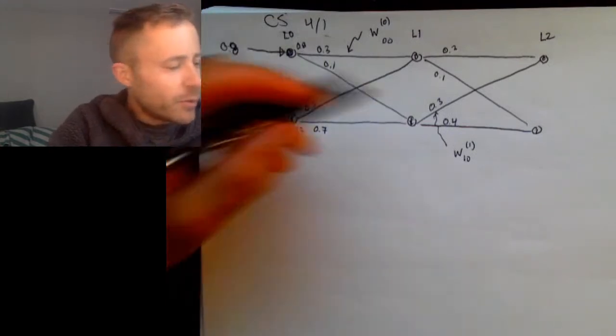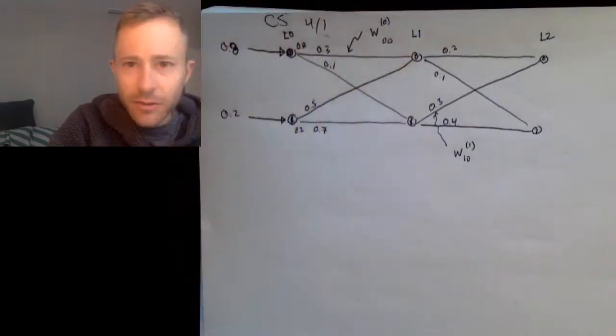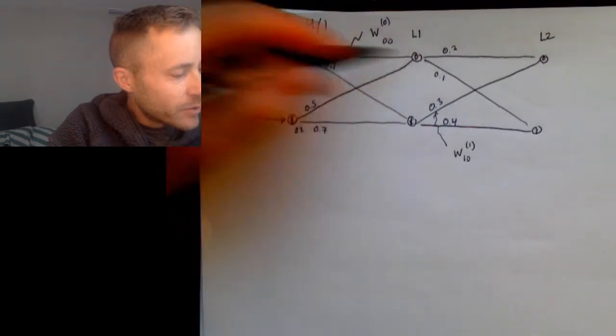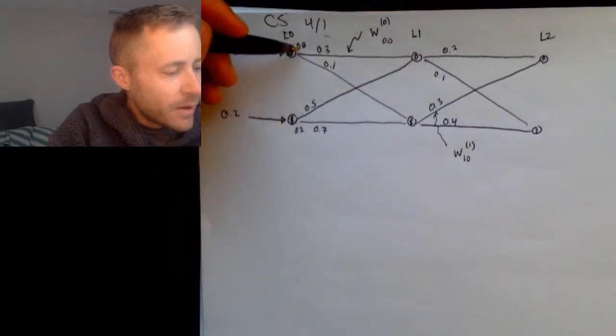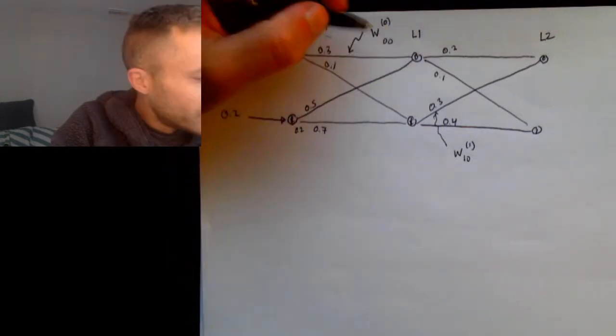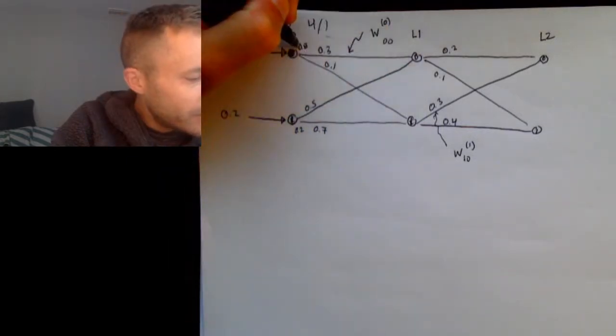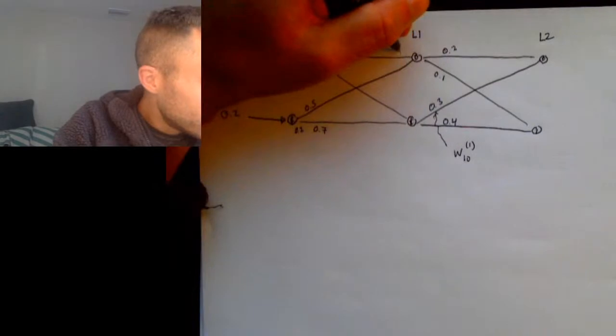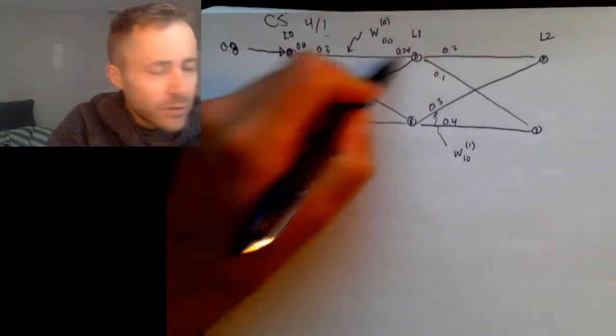And then if we want to know what is the input to the next layer, we look at the output of the previous layer and we multiply by the links leading in. So 0.8 times 0.3 would be 0.24. So we're going to get 0.24 from this link.